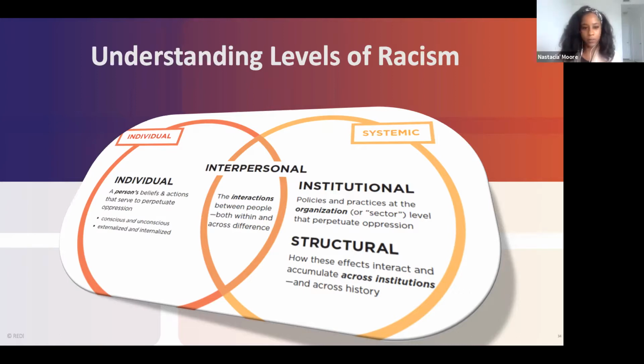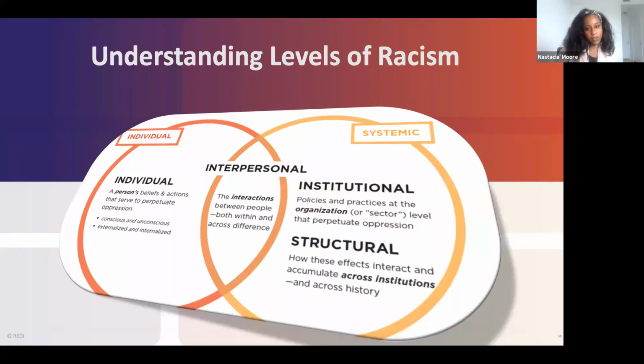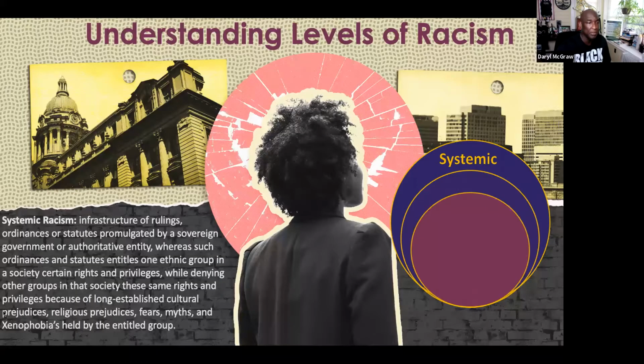Okay, nice. Daryl, can you start us off with talking about the first level of racism, the systemic? Systemic racism is the infrastructure of ruling ordinances and statutes.